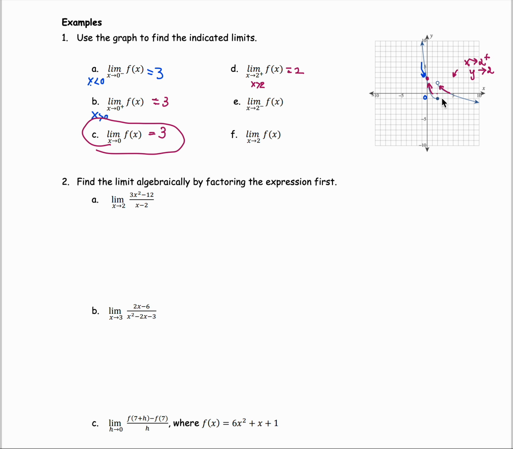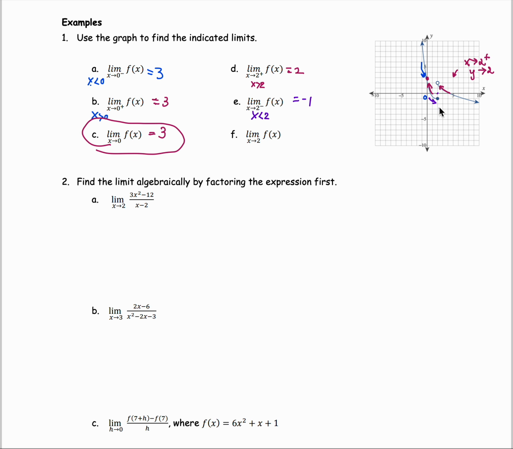For the left-hand limit at the point 2, we look at the left part of the graph because this is the left-hand limit. x is slightly less than 2. As you move along the curve toward the value 2 from the left side, the value of the function approaches -1.